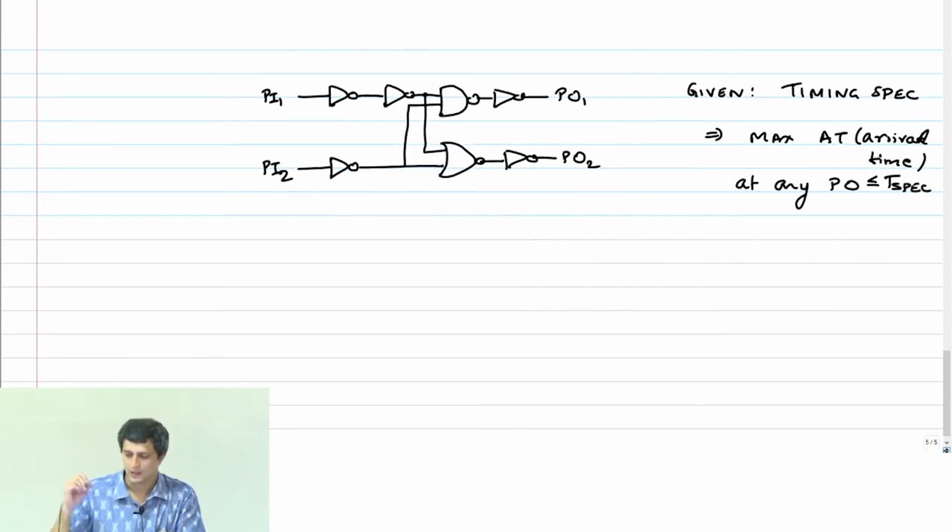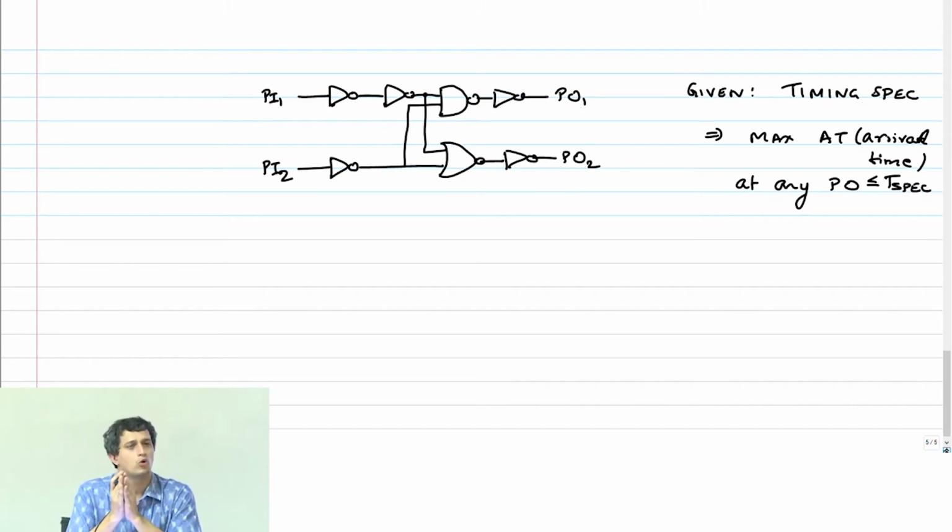Okay. So now, using the previous example and whatever we have learnt in this course, what is it that you would do in order to do this sizing problem? So what did we learn?